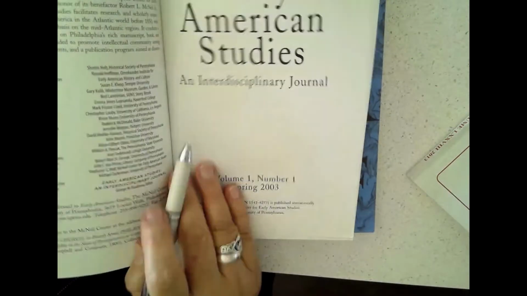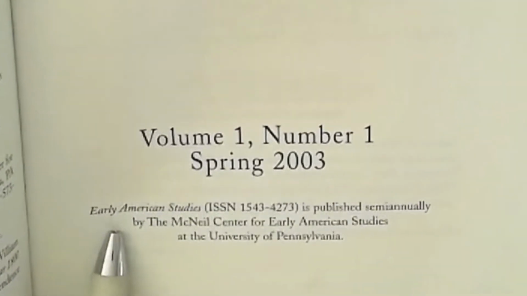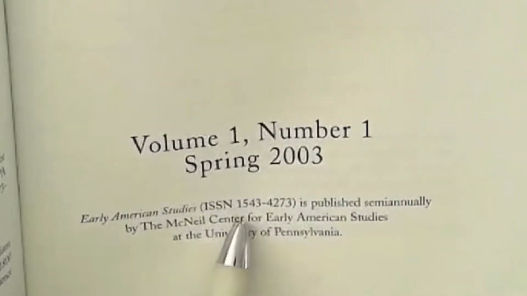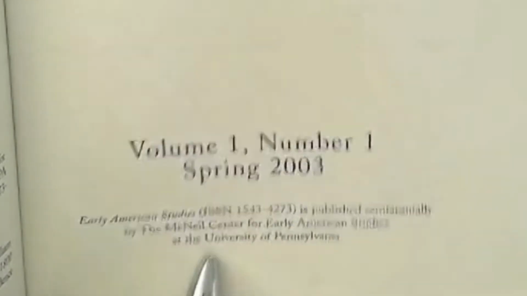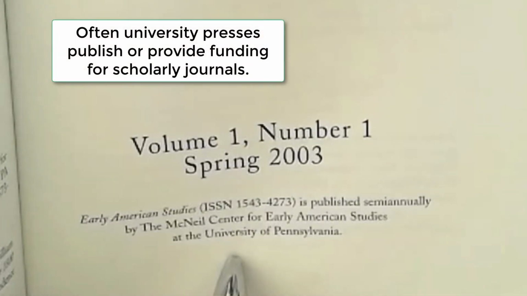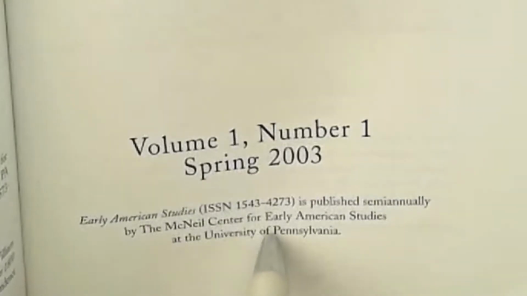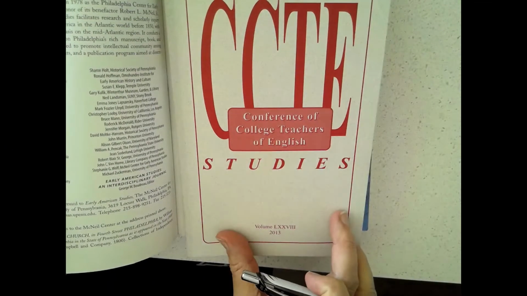We have right here a bit of info on the publisher. Early American Studies, ISSN 1543, etc., is published semi-annually by the McNeil Center for Early American Studies at the University of Pennsylvania. So here, we find out that the University of Pennsylvania basically owns the means to produce this journal, whereas with CCTE, it was the members, because it's a nonprofit organization.